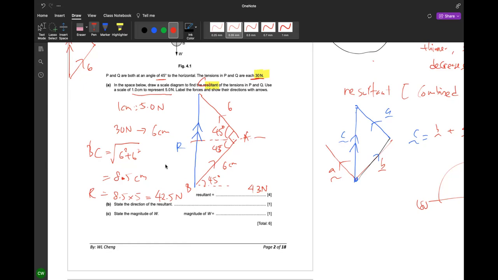What is the direction of this? Direction. 这个叫什么？What do you call this? Vertically outwards. Vertically outwards. It's called vertically outwards.